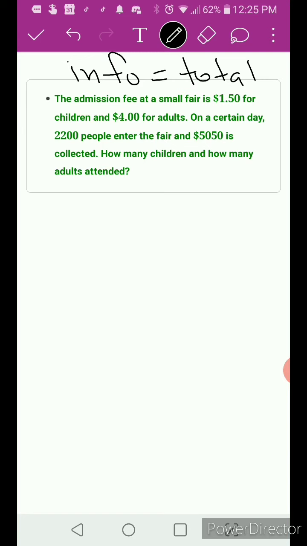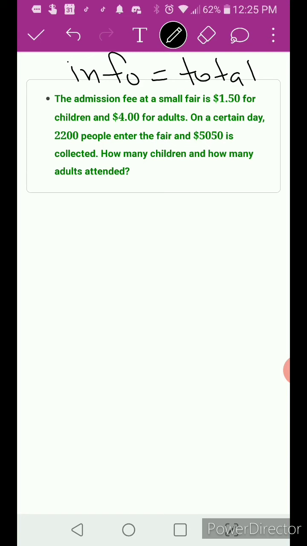The admission fee at a small fair is $1.50 per child and $4 for adults. That's the info, right? On a certain day, 2,200 people entered the fair and $5,050 is collected.